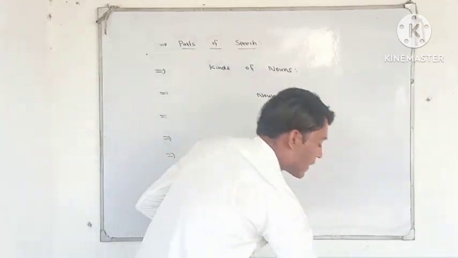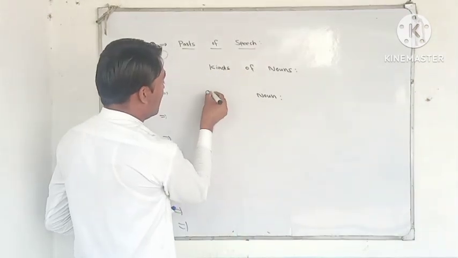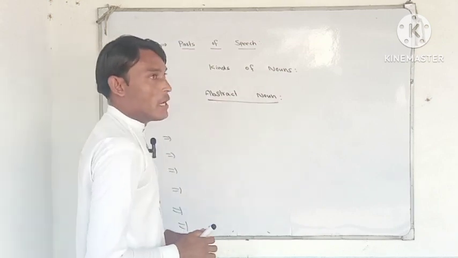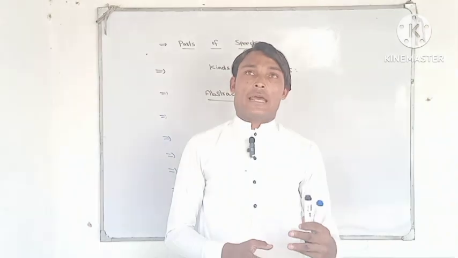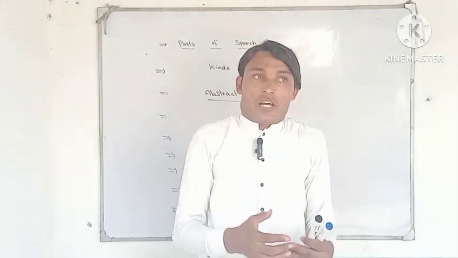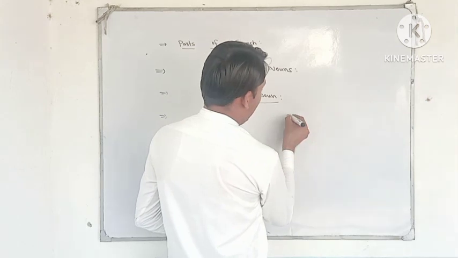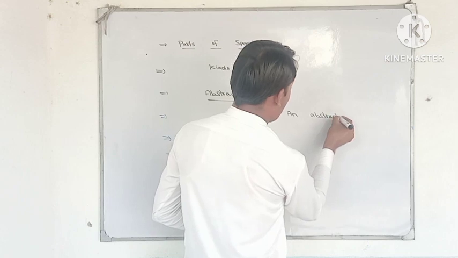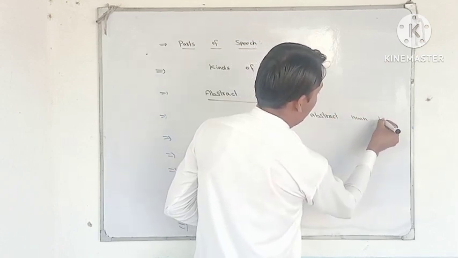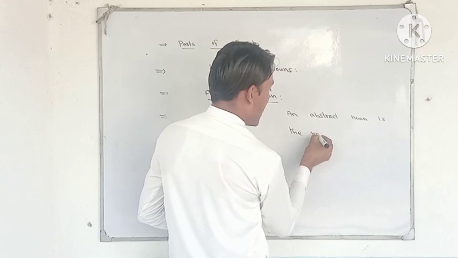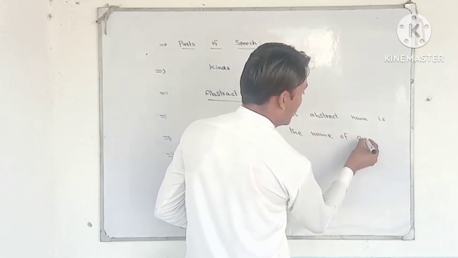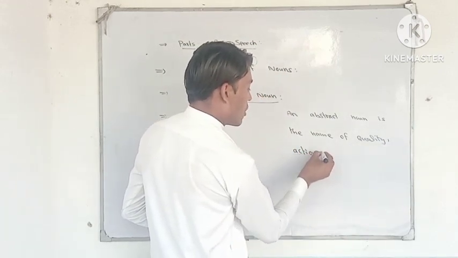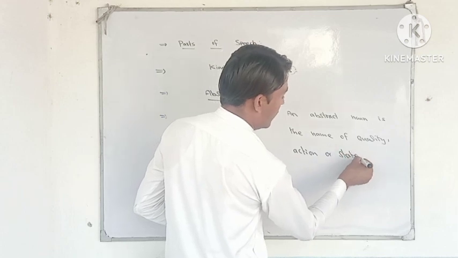An abstract noun is the name of a quality, action or state. We call it abstract noun.